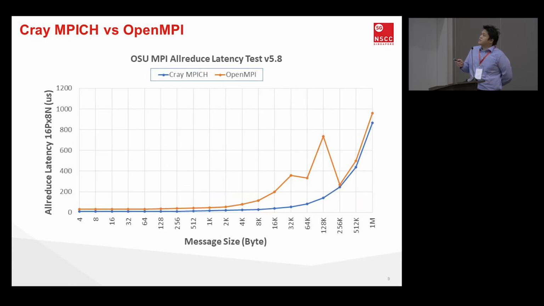Unfortunately, the all-reduce latency does increase with OpenMPI when the message size is between maybe 4K to 256K. So do note that the message that Shin Yee is trying to carry out in these 3 slides is that, at least for now, try to build using Cray MPICH if possible.